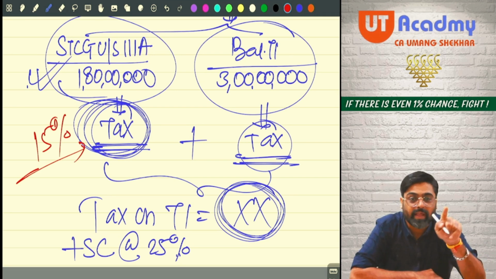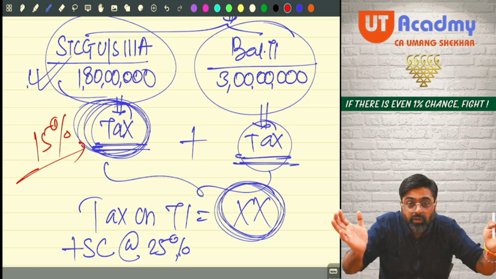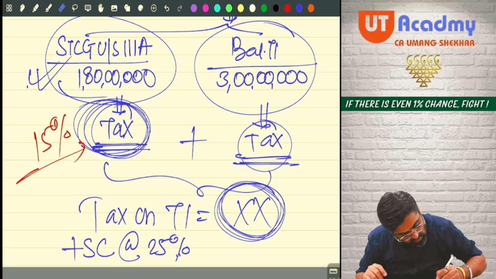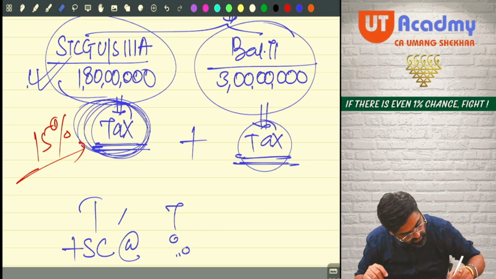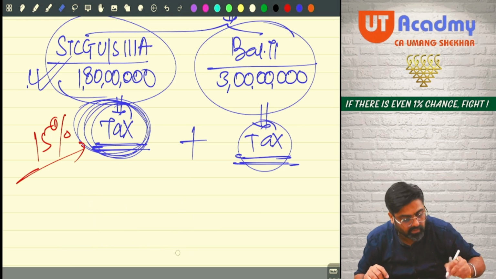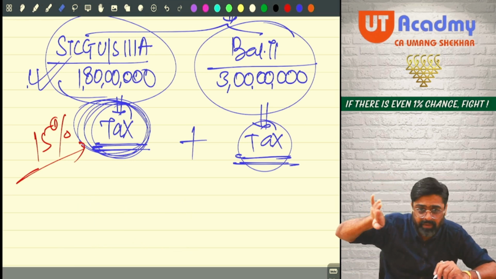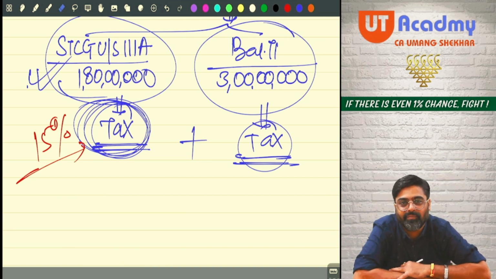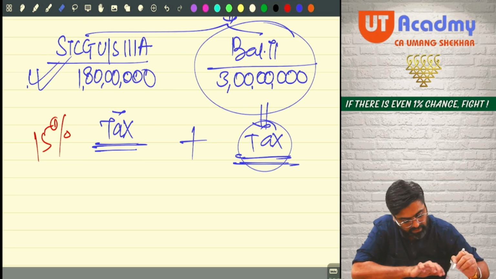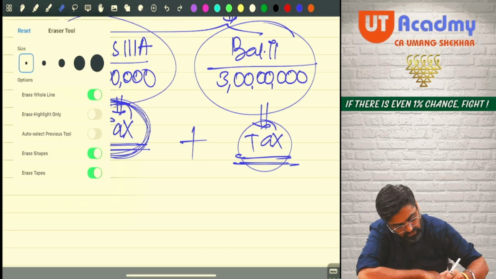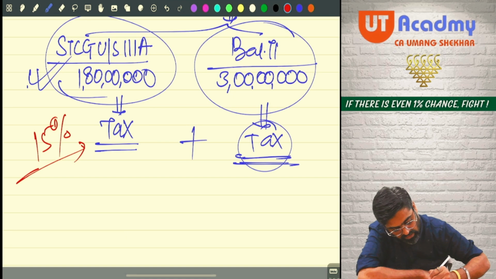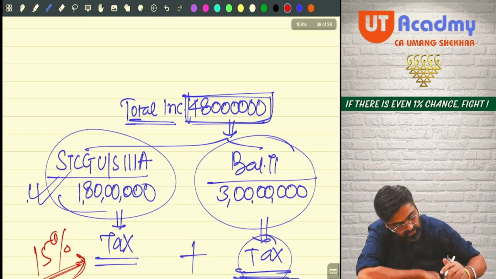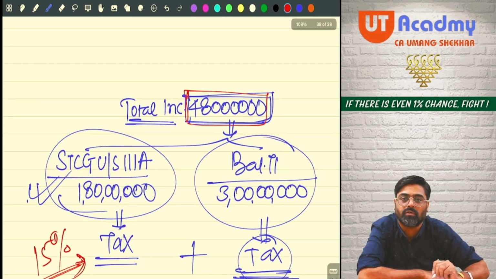So now instead of calculating surcharge on the total tax, you'll have to calculate the surcharge separately: on this income separately, and on the balance total income separately. But on this income, the rate of surcharge can never be more than 15%, even if the total income is more than 2 crores.